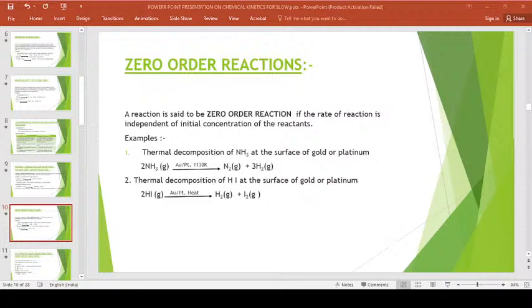So my dear children, for first order reaction, you have to remember three equations. The first, simple integrated rate equation. Then second one is integrated rate equation at two different time intervals. And third is the integrated rate equation for gaseous first order reaction. These three rate equations for the first order reactions, all of you have to keep in your mind for numerical solving.